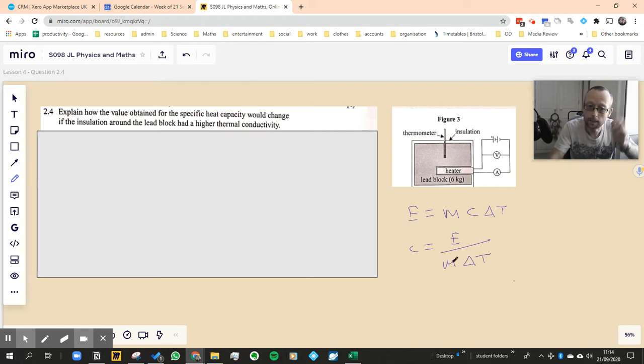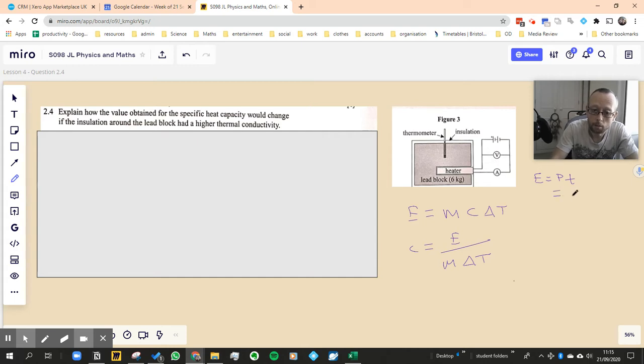So we know the mass, which is 6 kilograms, and we're able to measure the temperature using a thermometer. We also know what energy went in, because we can calculate it using a stopwatch and the power. The energy is equal to power times time, and power in this case is voltage times current.